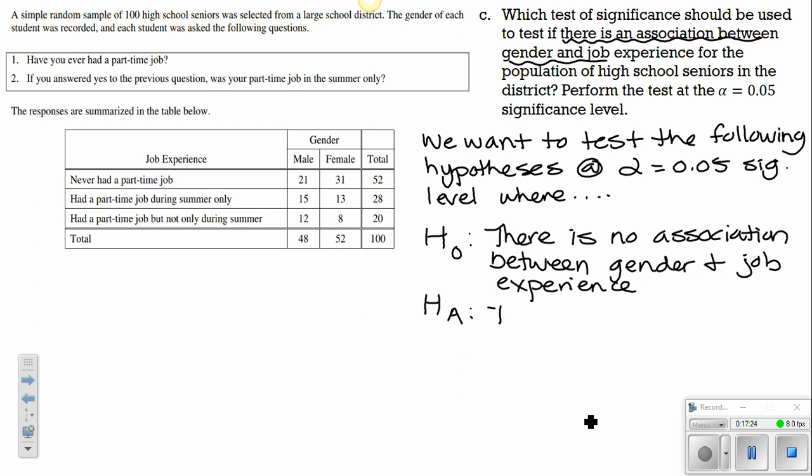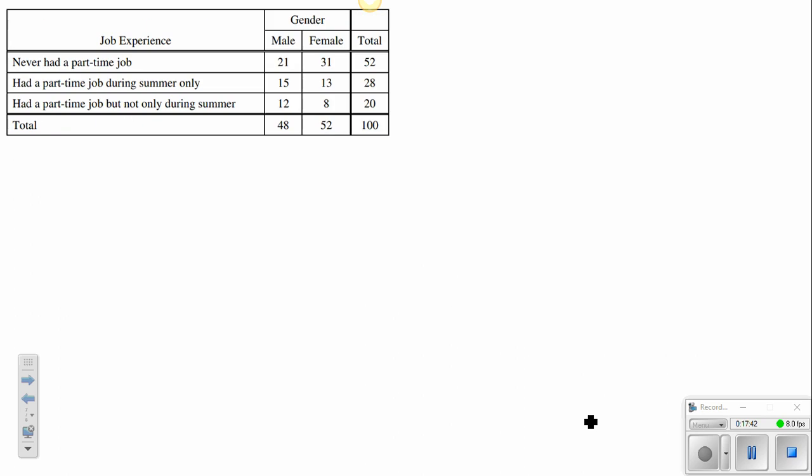And then the alternative is there is an association. Remember on the AP exam that only one needs to be in context, so I'm just going to leave it as there is an association. So there is no association versus there is an association.